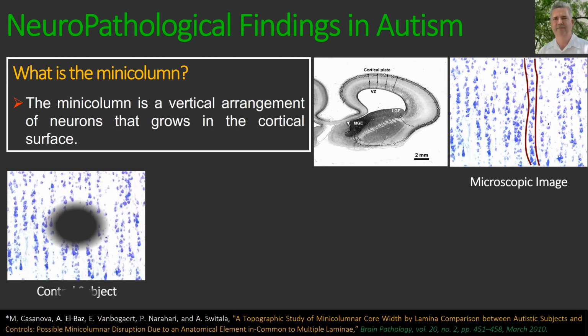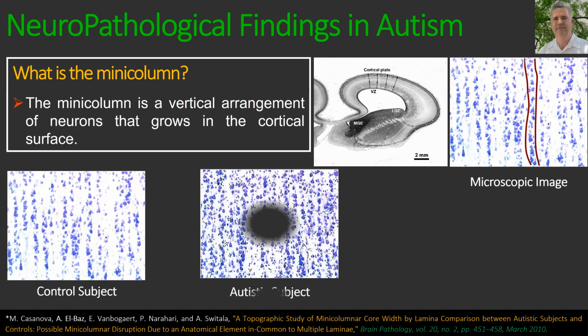Dr. Casanova came and saw that the one on the right is the autistic subject, and the one on the left is the control. We found that the autistic subject has many more neurons in the brain compared with the control subject. At this time, he asked us, can you make an analysis?